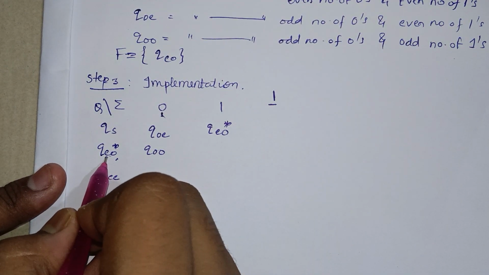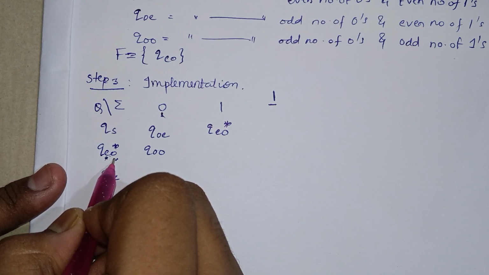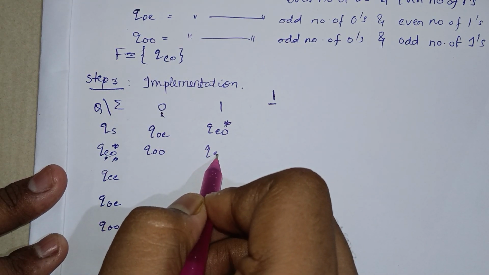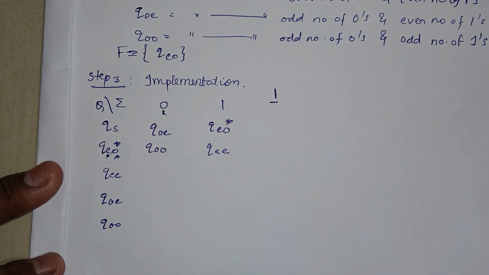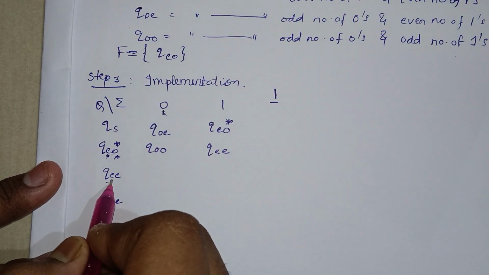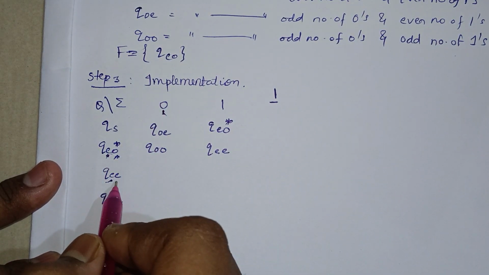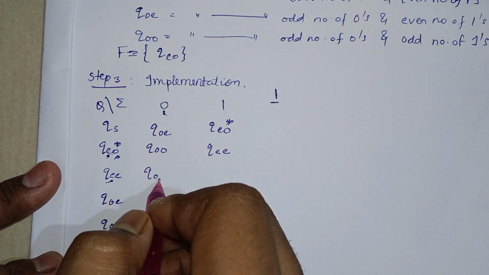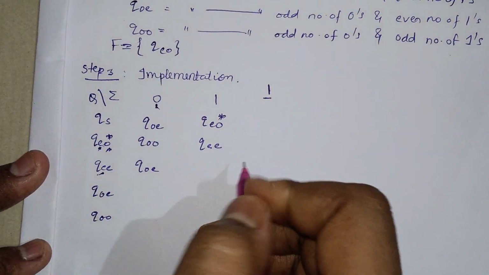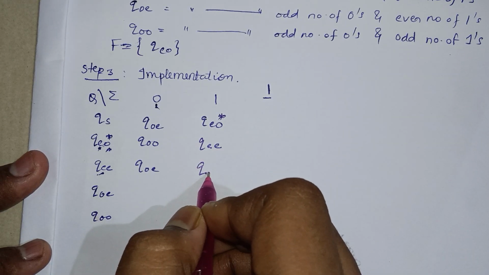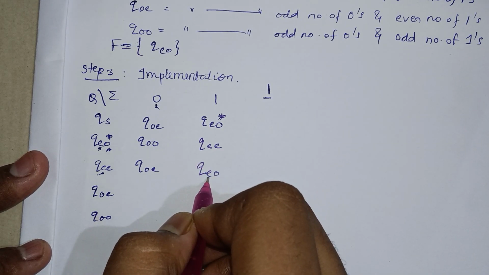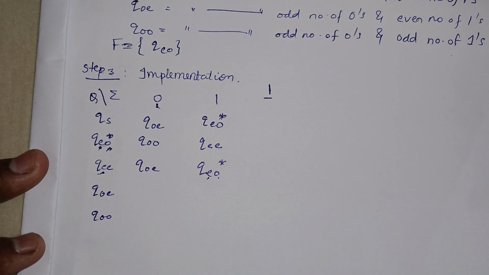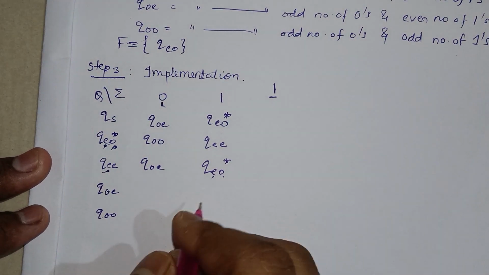Same when it has even times 0 and odd times 1 and receives 1 again, it will become even times 0 and even times 1, QEE.